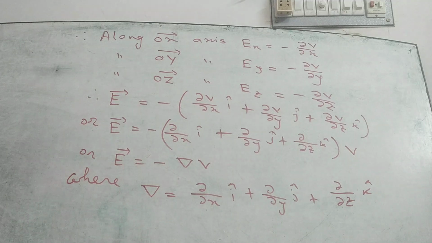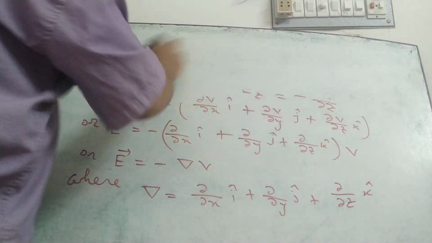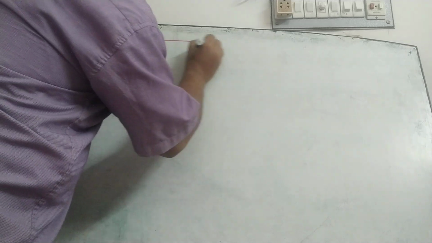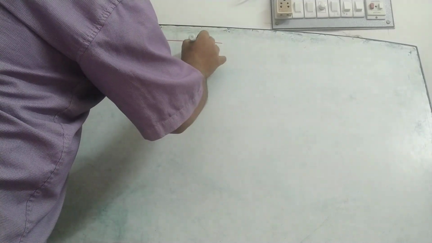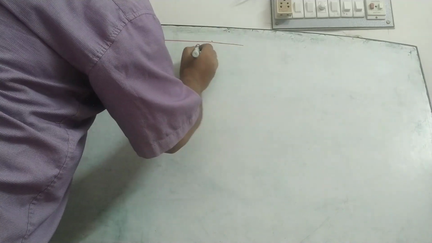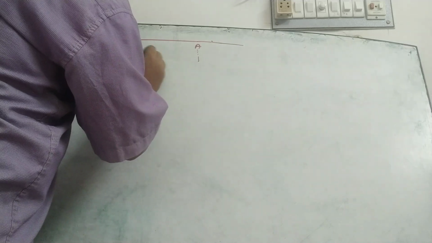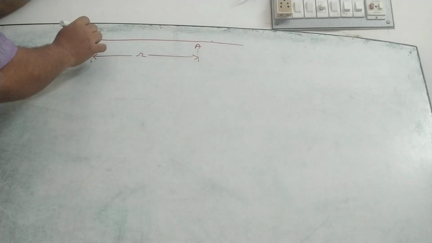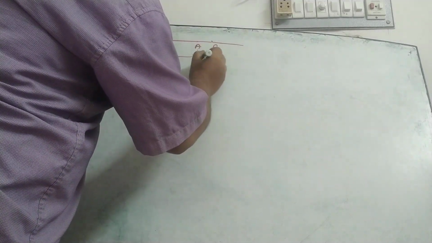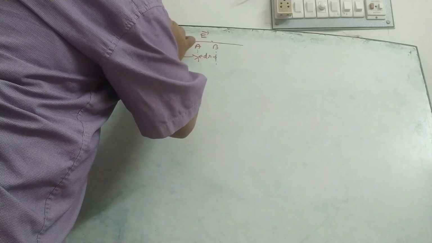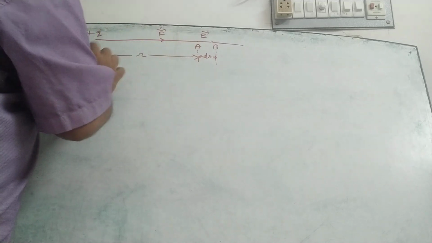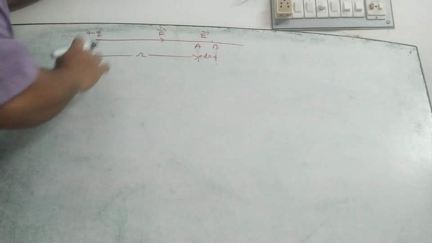Now the next topic is to find out the electric potential at a point due to a point charge plus Q. Similarly, let this figure be similar to the previous one.